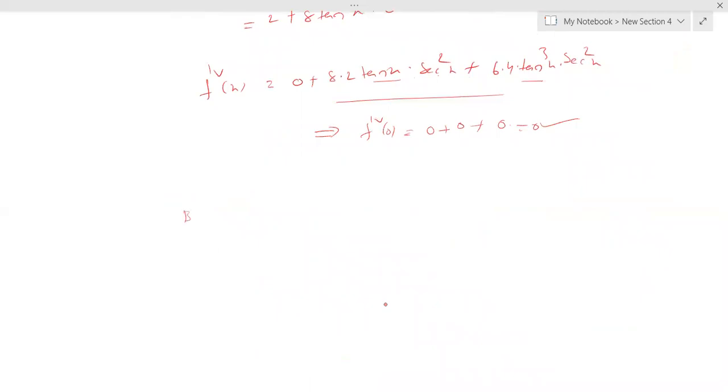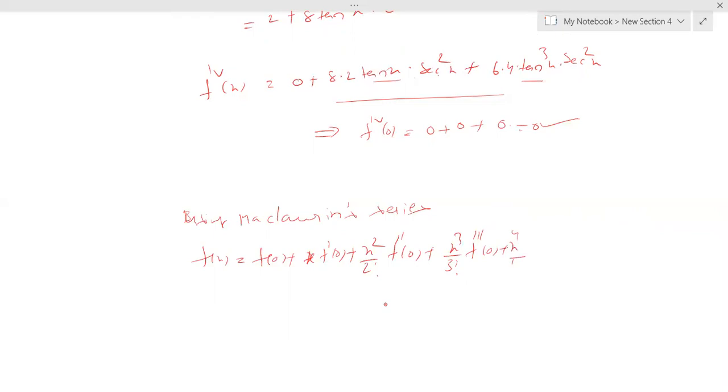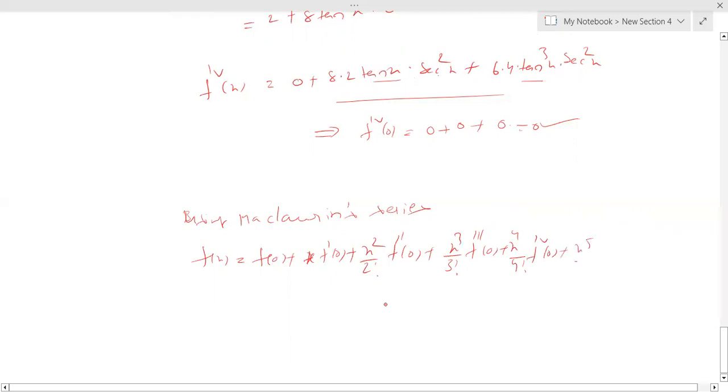Therefore, by using the Maclaurin series, f of x equal to f of 0 plus x into f dash 0 plus x square by 2 factorial into f double dash 0 plus x cube by 3 factorial into f triple dash 0 plus x power 4 by 4 factorial into f fourth derivative of 0 plus x power 5 by 5 factorial into f fifth derivative of 0.